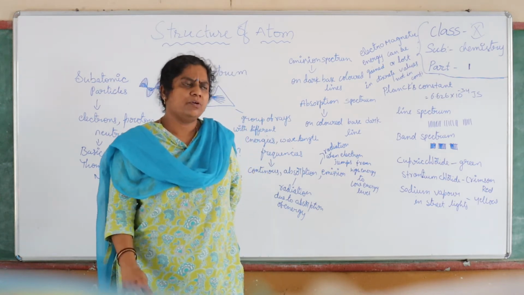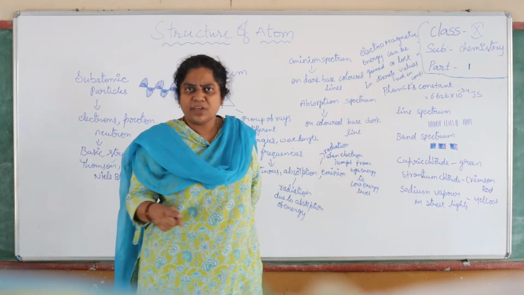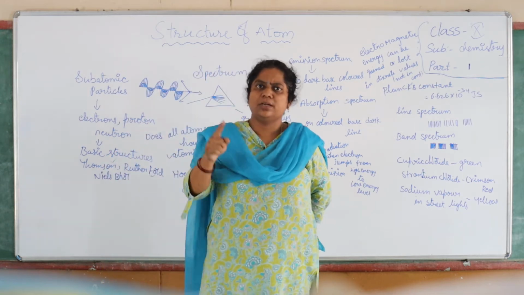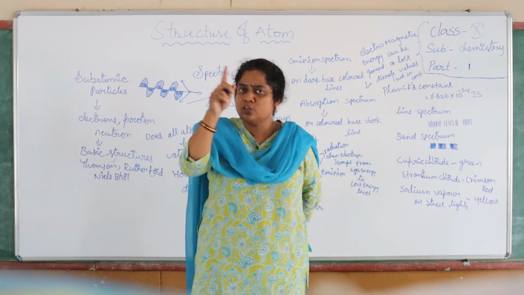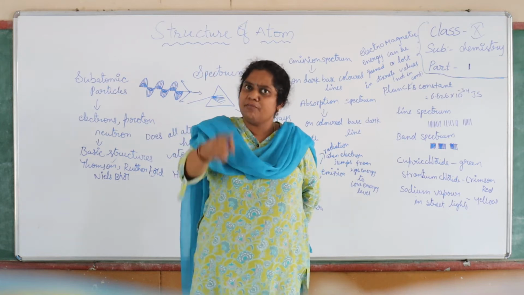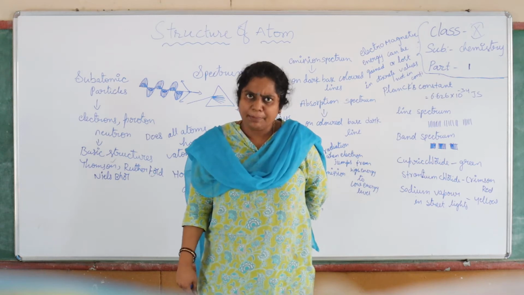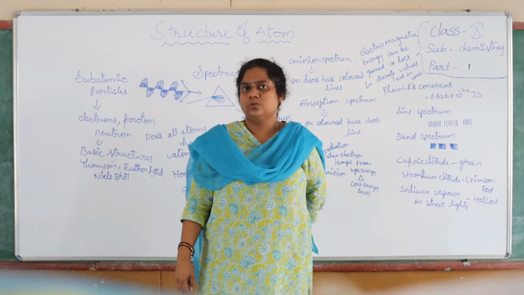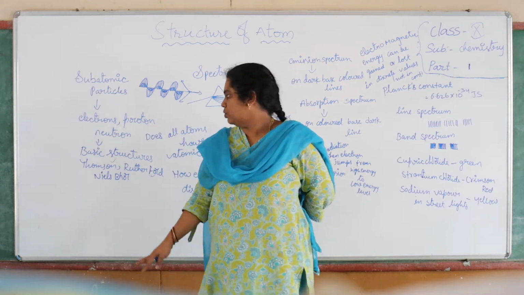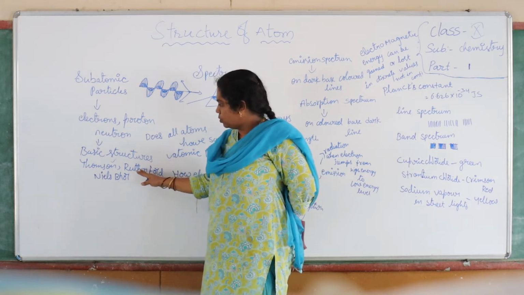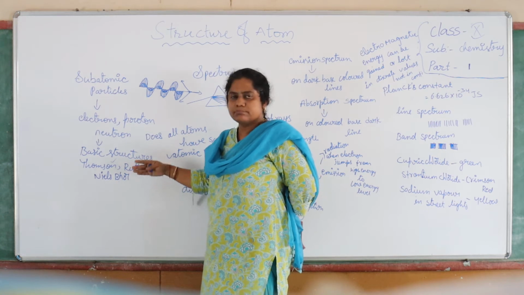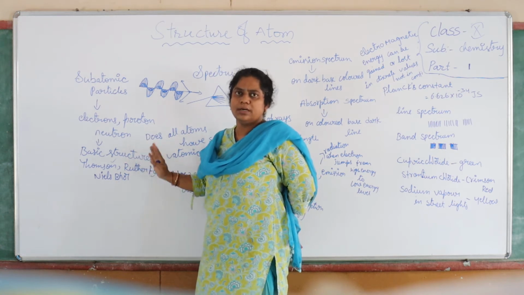Even the Rutherford model failed because if something is in continuous motion, according to classical theory, after some time it will fall into the center. Is it happening so in the atom? No, not at all. So even the Rutherford model has its own defects.